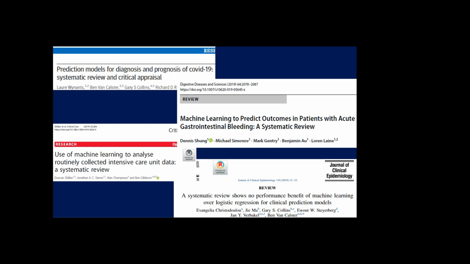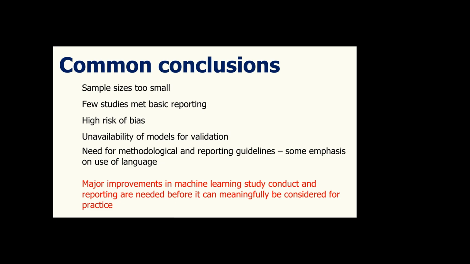As I say, there are many reviews showing the same, and we add to this. And really the common conclusions from all of what's been said and from our reviews as well is that the sample sizes are too small. Hopefully I've put some numbers to how small that is. Few studies are meeting that basic reporting, so again, there's a high risk of bias.